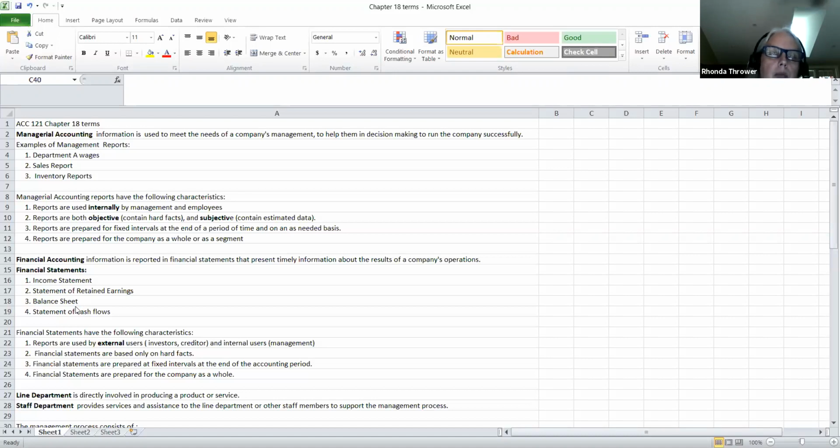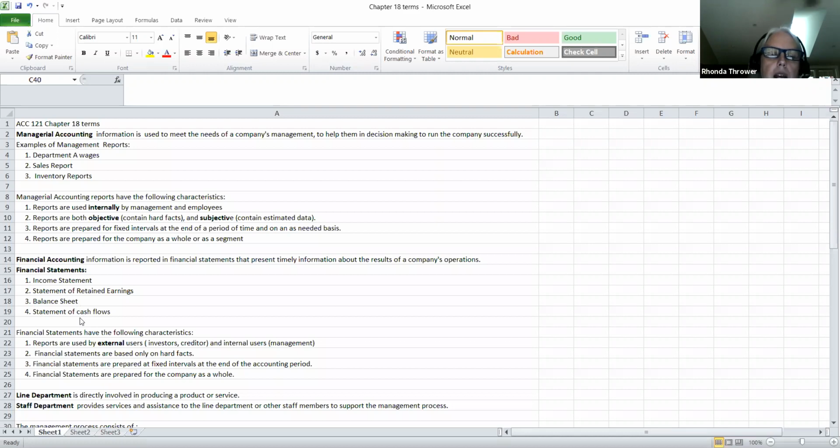Every partner has their own owner's equity, so in a balance sheet for a partnership under owner's equity, we would have all of the partners' capital balances listed separately.